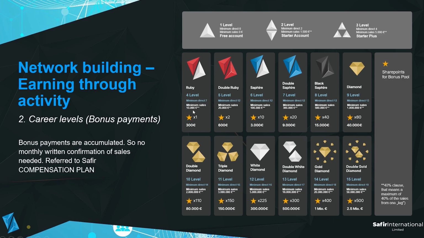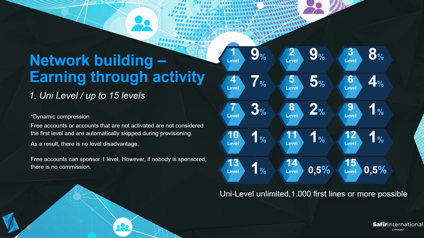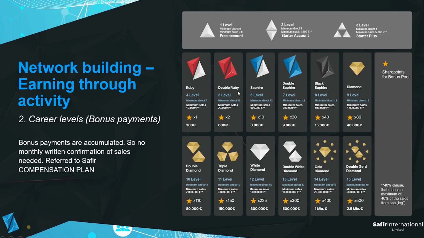If you achieve this, minimum direct 7, minimum sales of $10,000, you have 4 levels, meaning you're here at level 1, 2, 3, and 4, earning 9, 9, 8, and 7%. Also, you get a 300 euro additional bonus payment one time, and you get your share of the bonus pool.